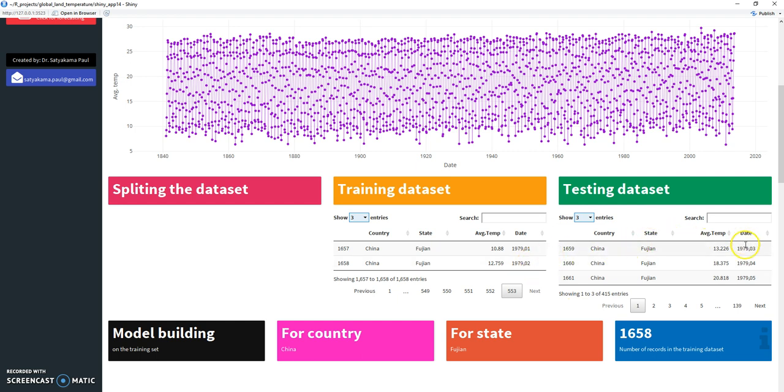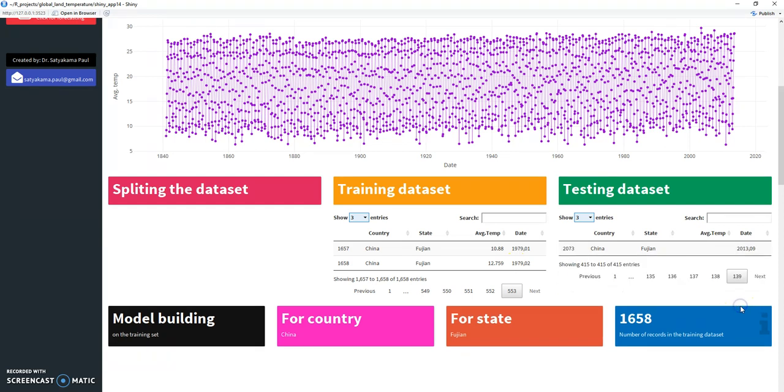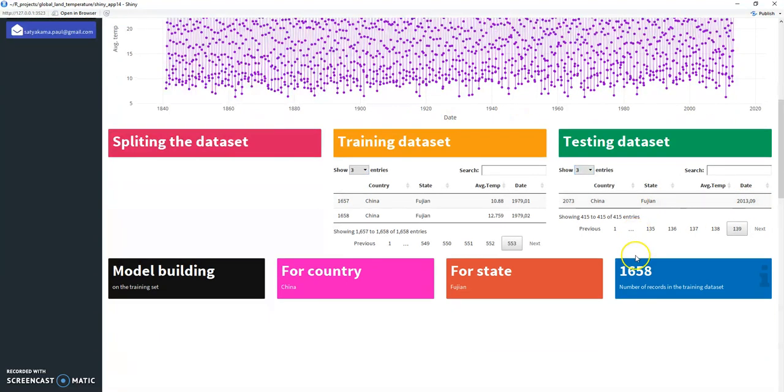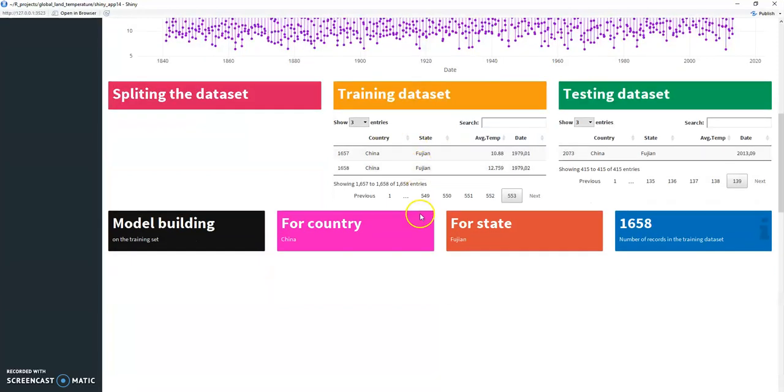As you can see, the test set starts at 1979, the third month, because that would be the month next to 1979, second month in the training set. And the last row of the testing set would be 2013, the ninth month, that is September. So that is the data set split into 80-20 in terms of training and testing.